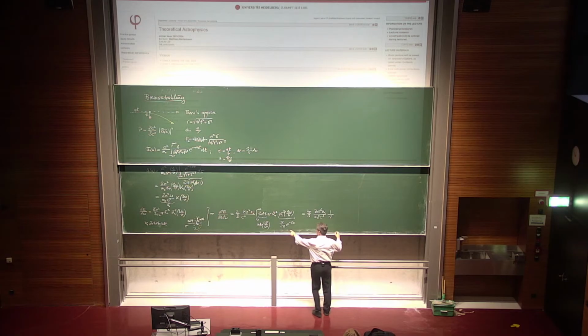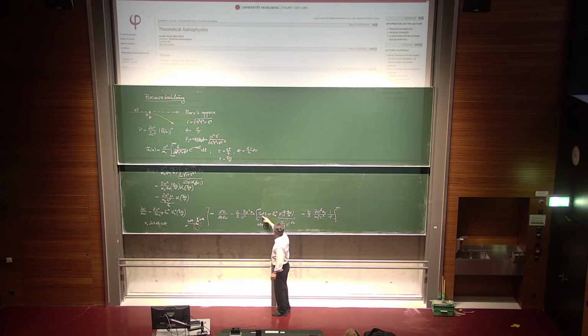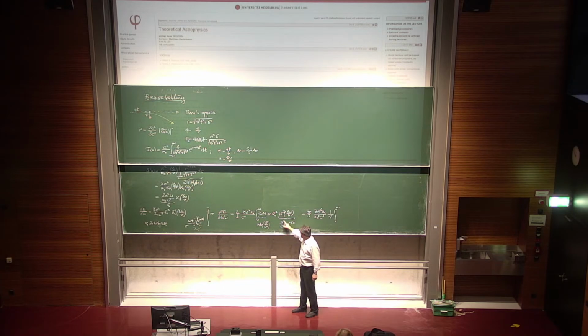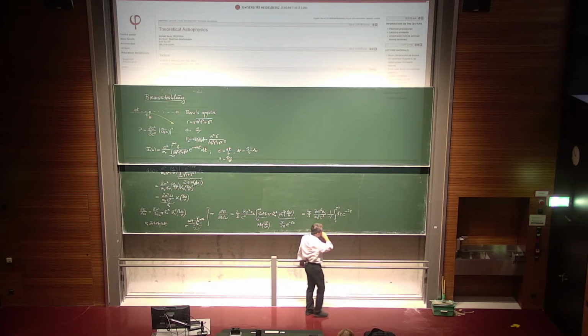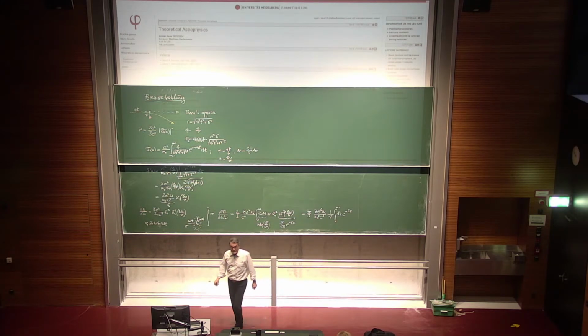So what remains is now the integral from 0 to infinity of z dz. We have taken care of this factor. We have taken care of the pi over 2 as well, but here is a factor of 1 over z. So what remains is just a dz over e to the minus 2z. But this is easy. That just gives you a factor of a half.